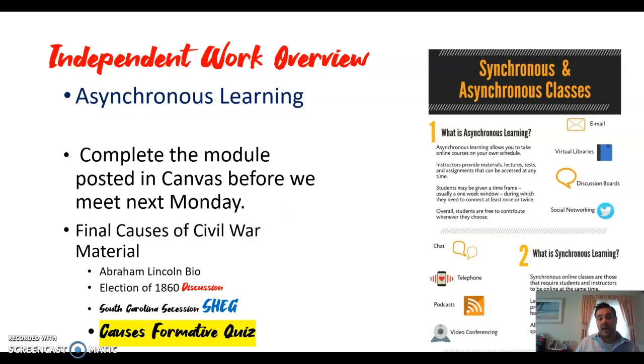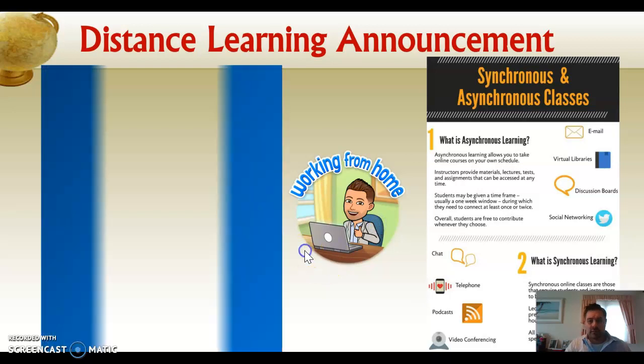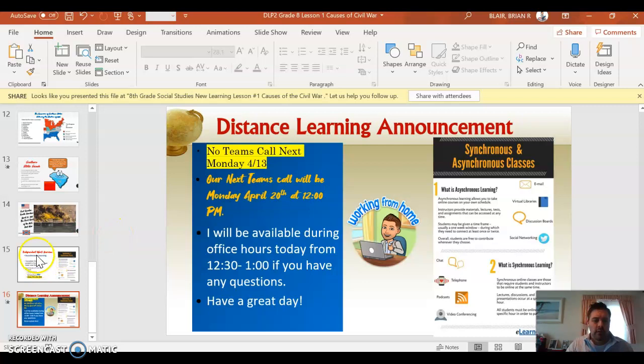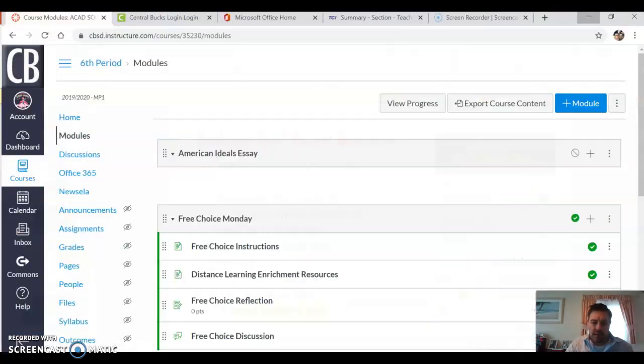It's Abraham Lincoln's biography, the election of 1860 discussion, a South Carolina secession SHEG activity, and a formative quiz on the causes. So just a couple friendly reminders for you. I want to show you what this looks like.